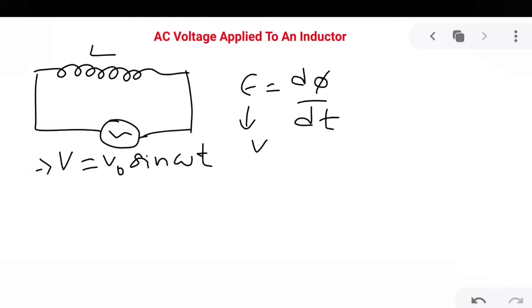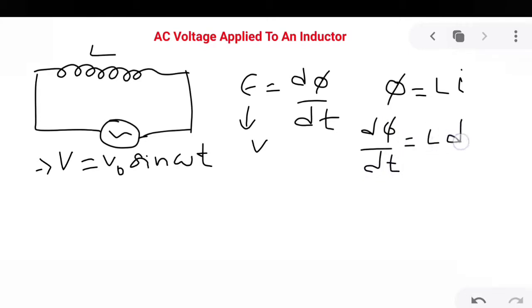For an inductor, in electromagnetic induction we have seen that phi is equal to Li, where phi is the flux, L is the self inductance, and i is the current. So d phi by dt will be equal to L di by dt.